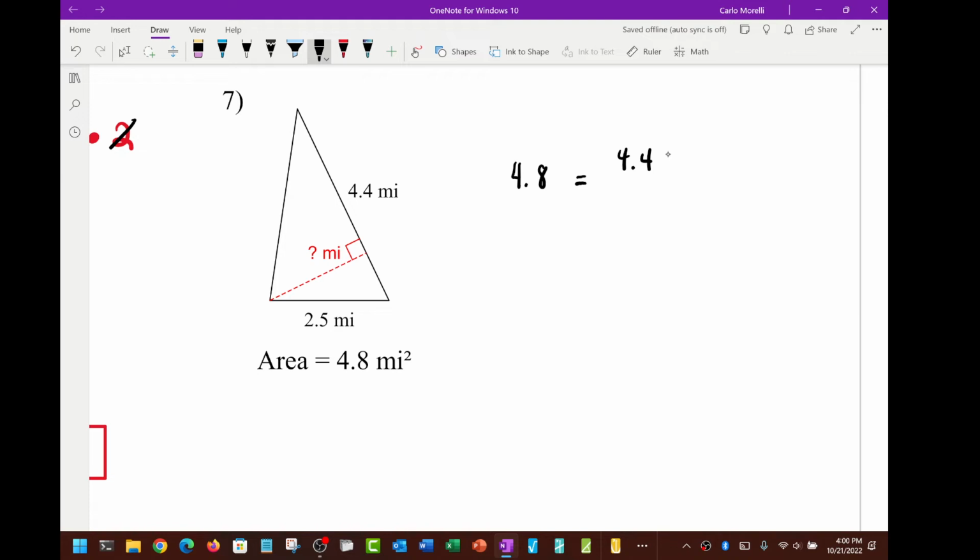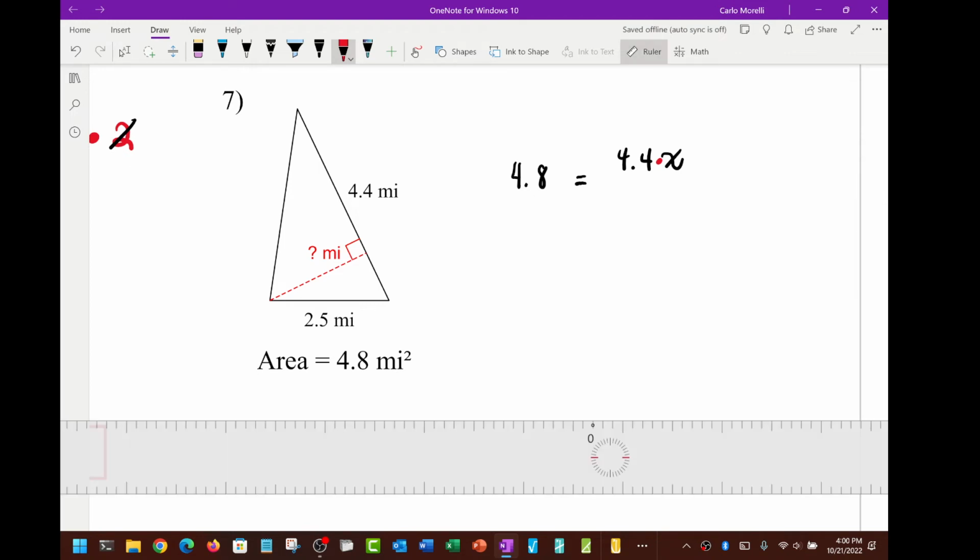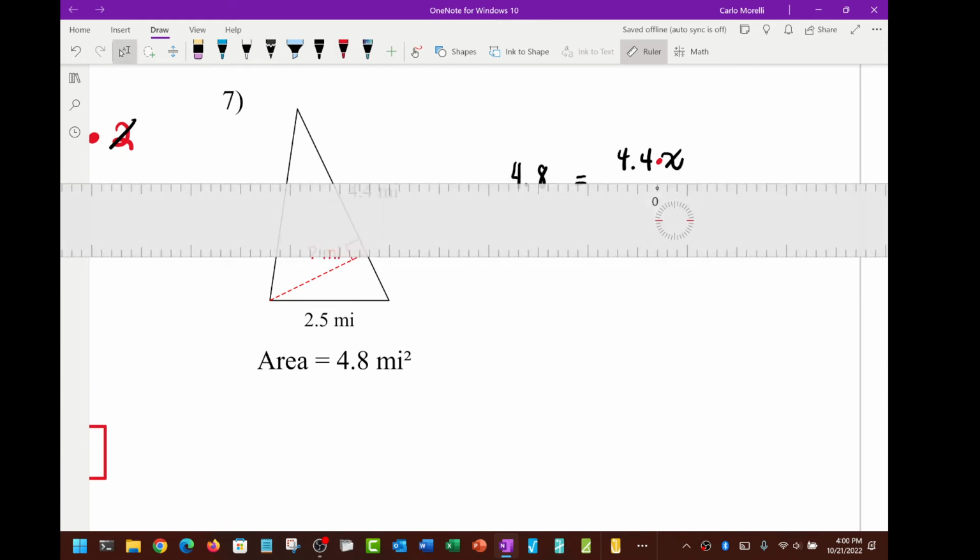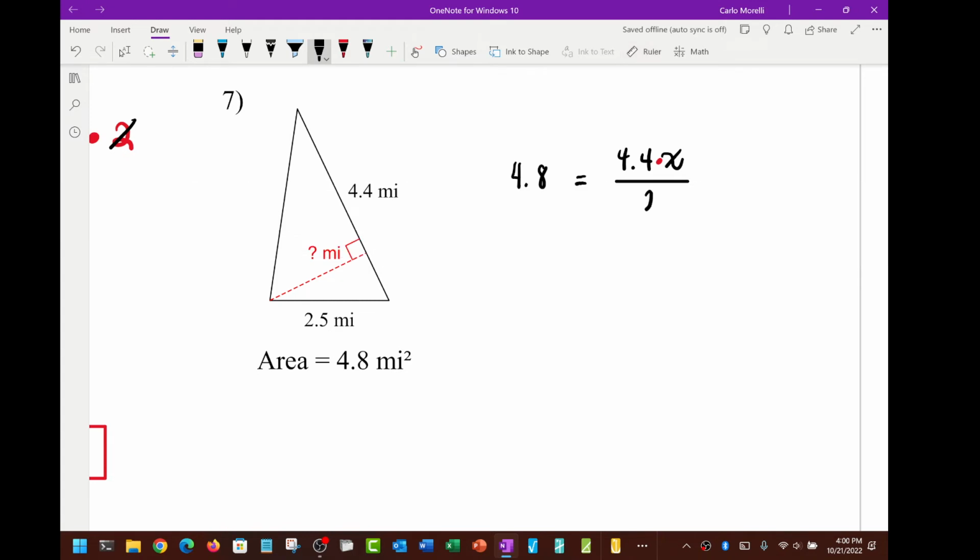And the height is unknown, so we're just going to write x. And again, if it's confusing, there's that multiplication is happening, even though we don't write it out. All right, and divided by 2. We cannot forget.